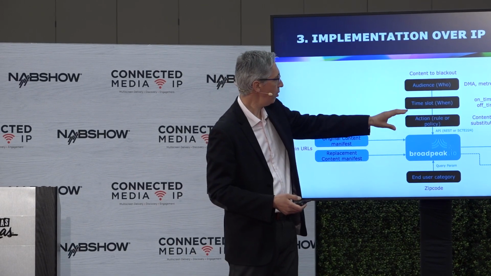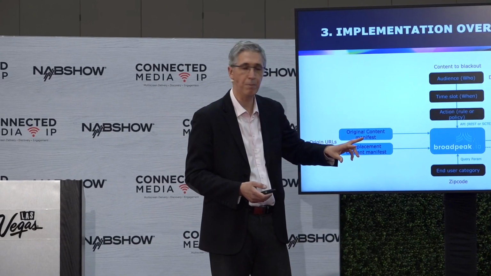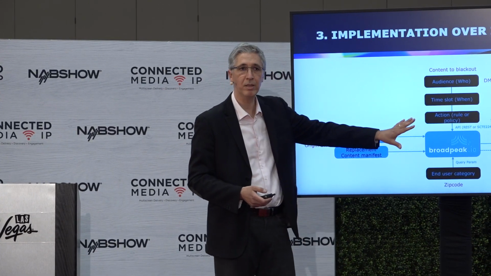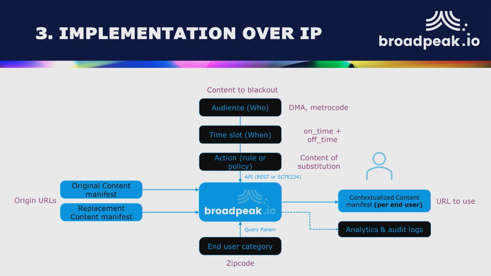As I said before, there are two other sets of components or metadata that we need. The rules to decide what can be done, what needs to be done. So for instance, the audience, who needs to be switched, the timing, and of course the action. What content is going to be replaced for this specific time slot and for this specific audience.